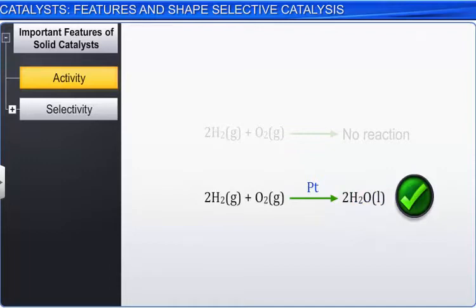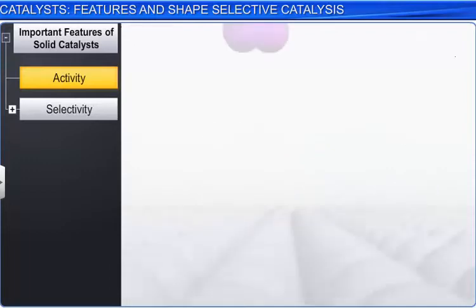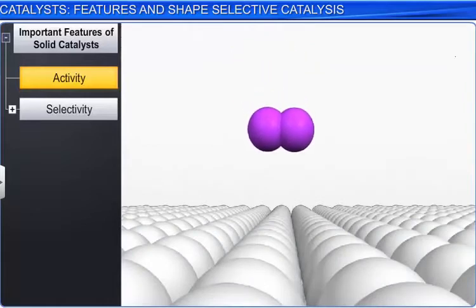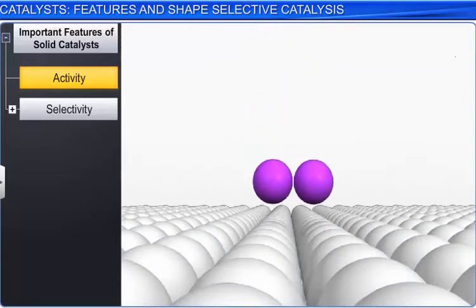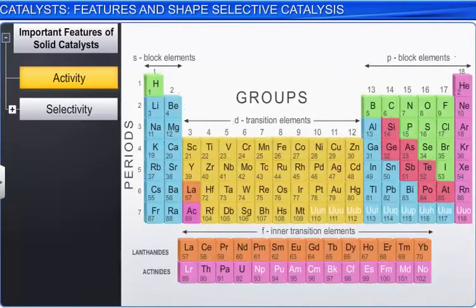The adsorption of the reactant molecules should not be so strong that their molecules become immobile, and further adsorption of reactant molecules is not possible. For hydrogenation reactions, it has been observed that the catalytic activity increases from group 5 to group 11.